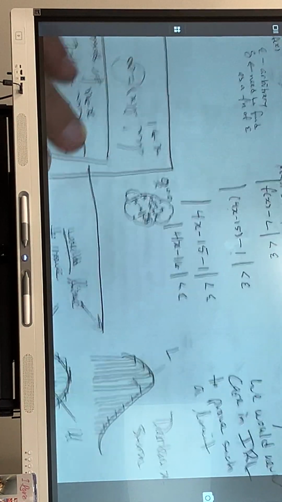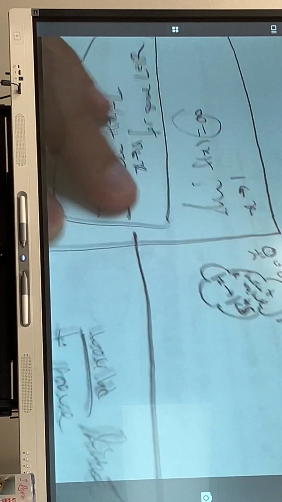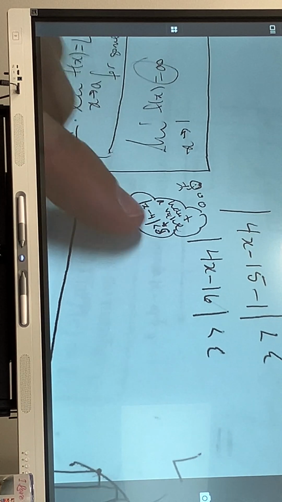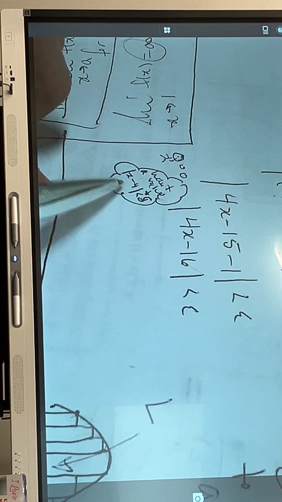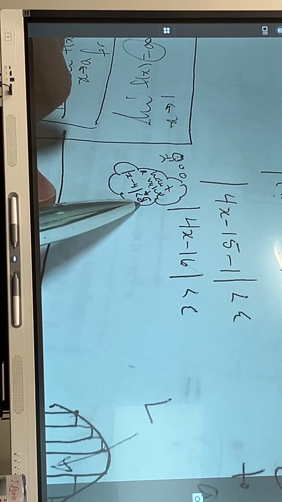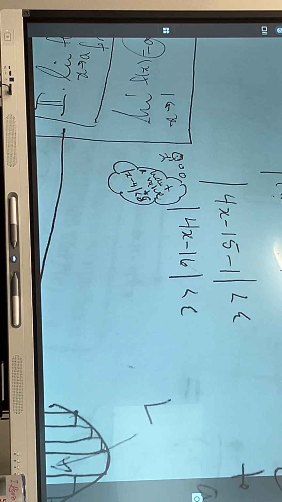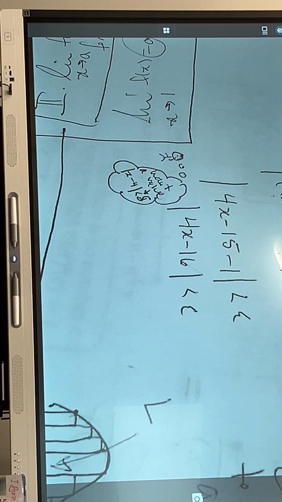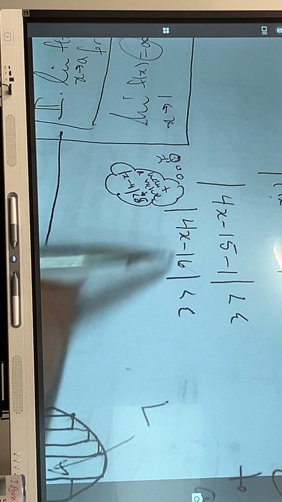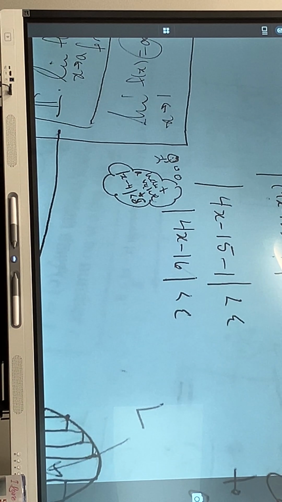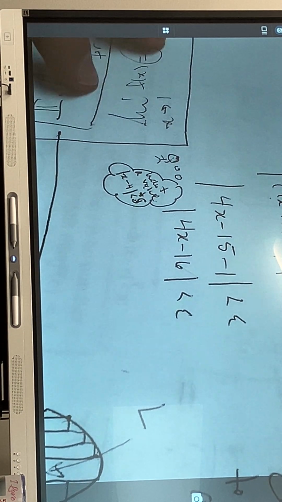We want a value for this delta right here. So that's what the thinking person is saying. We want to see the absolute value of x minus 4 needs to be less than delta. What to put for delta? If we can make the absolute value of x minus 4 appear in this work, then it will be helpful. And do you see that it's about to happen?